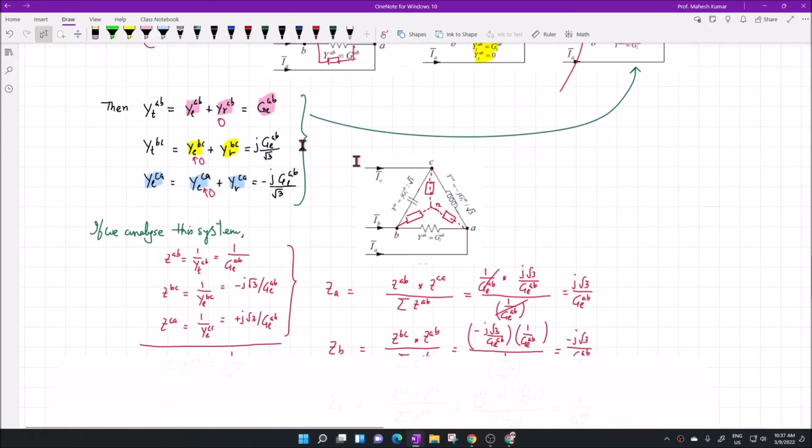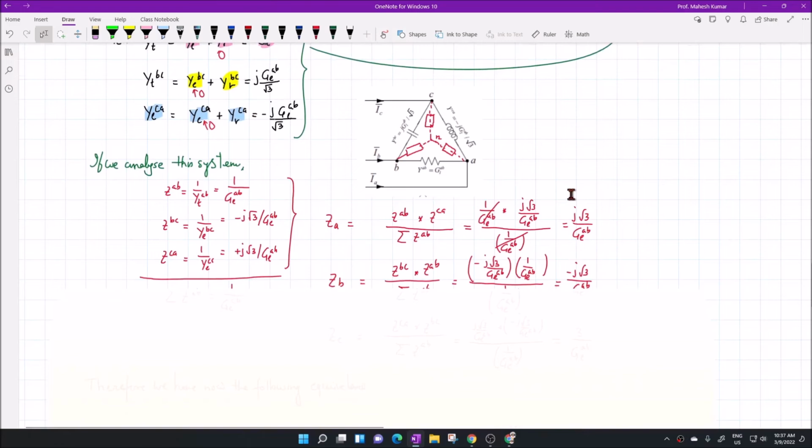Alright, so with this admittance, we can find out the total impedance for each branch. So Z_AB will be 1 by Y_T,AB, that becomes 1 by G_LAB, and Z_BC becomes 1 by Y_BC total. This is also total, so you can put T here if you want.